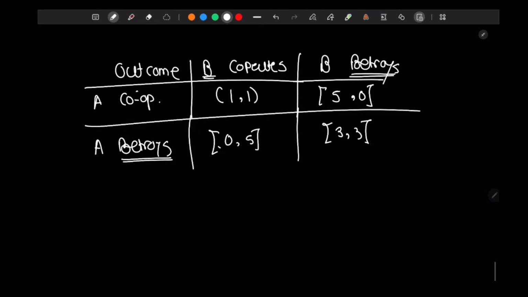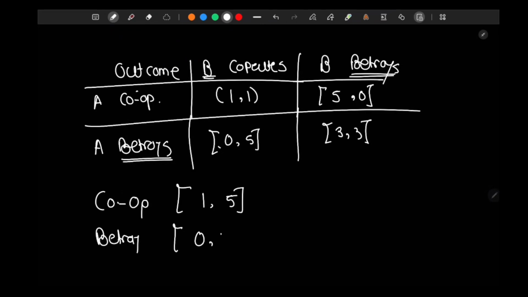Right? So in cooperation, what are the outcomes? Either you get 1 year in prison, or you get 5 years in prison. Right? This is on cooperation. If you betray, you get 0 years in prison, or you get 3 years in prison.